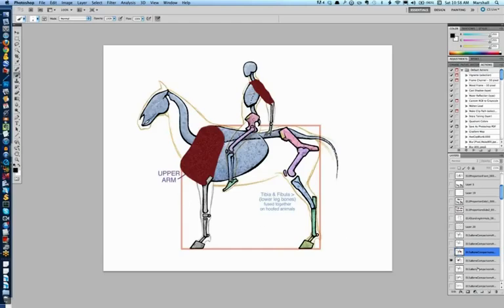People think that on a horse, this is the upper arm and this is the lower arm. Nope, that's not the way it works. The upper arm is buried in there. This is a forearm. This is a wrist. This is a hand. This is a finger knuckle. This is a phalanx. This is a fingernail.